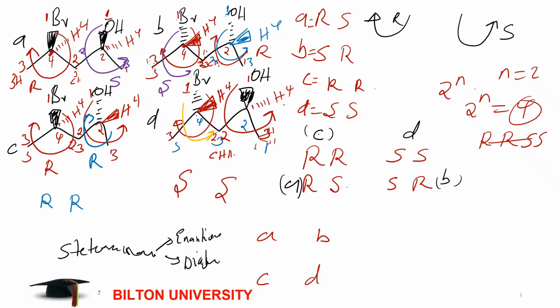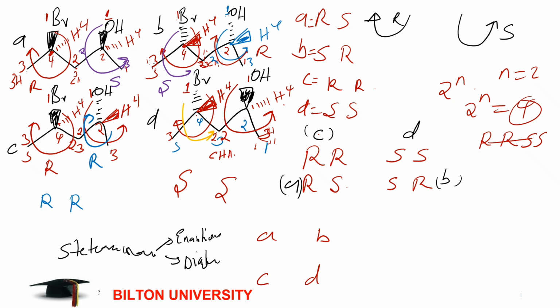Now if you look at A, B, C, and D, molecule A is R, and if you look at C, R and R, and D, S and S.